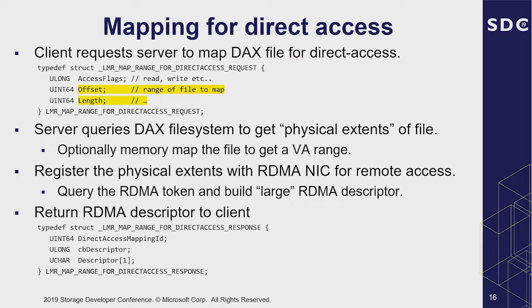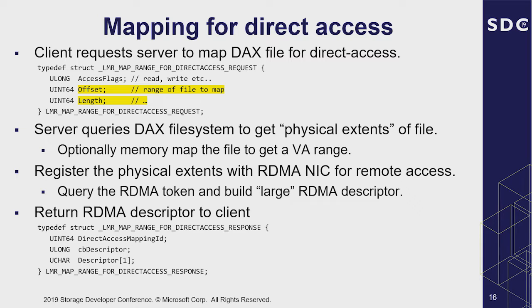And then we use the features provided by the DAX file system to get the physical extents for the file. Typically on a block device, when you query for the extents, you get LBA ranges. So querying physical extents for the file gives you a physical address and length, basically a scatter-gather list of physical address ranges where this file resides on the persistent memory device.